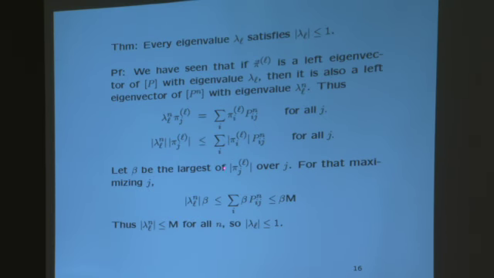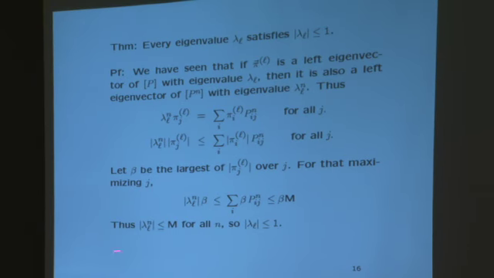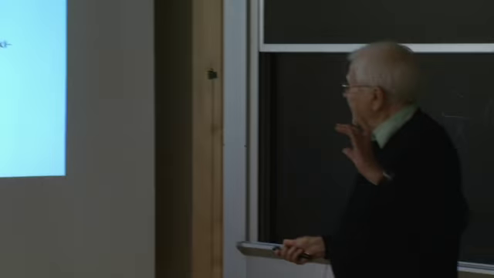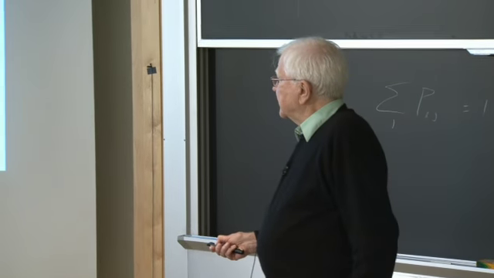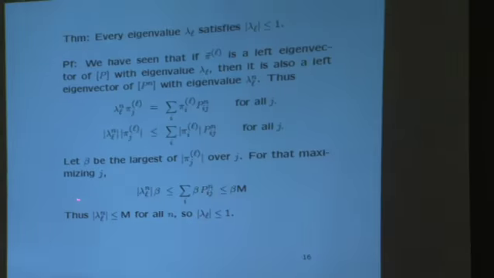I don't know what these powers are, but they're certainly less than or equal to 1. So lambda sub L is less than or equal to m. That's what this says. When you take the magnitude of the nth eigenvalue, it's less than or equal to this number m.